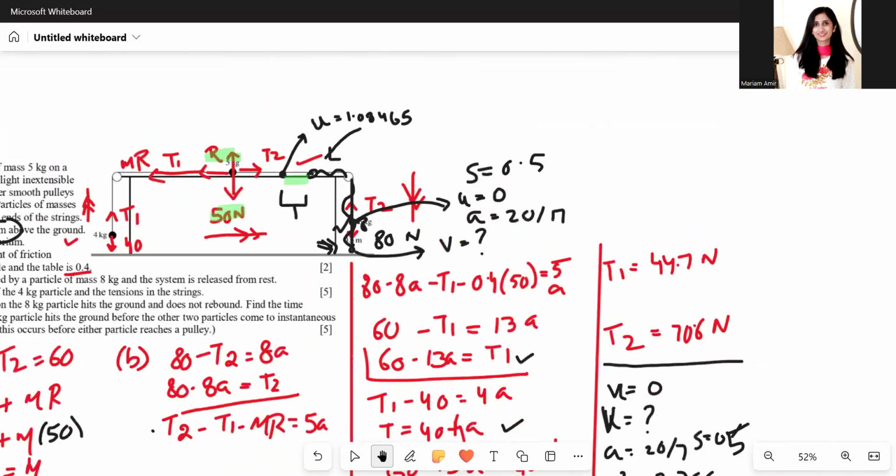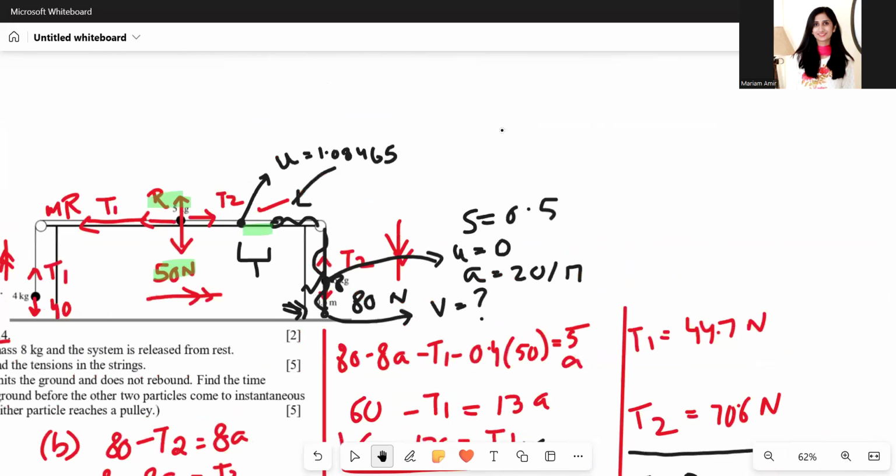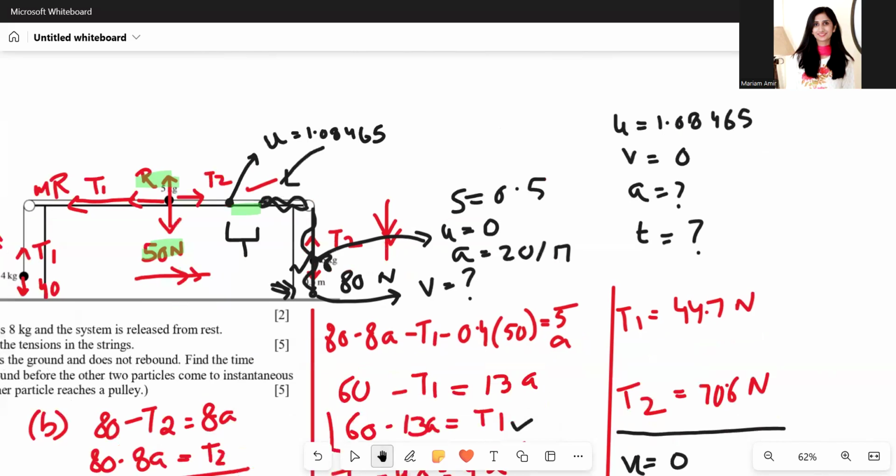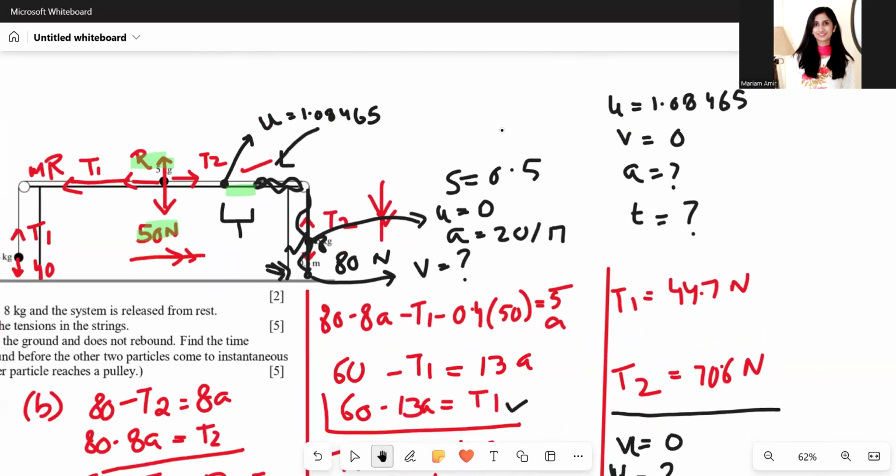Okay, so now we know that U is 1.08465. Eventually, the particle comes to rest, so V is 0. We need the acceleration, and we can find the time. Okay, now the acceleration will change because this string towards the right has no tension in it. T2 is 0.